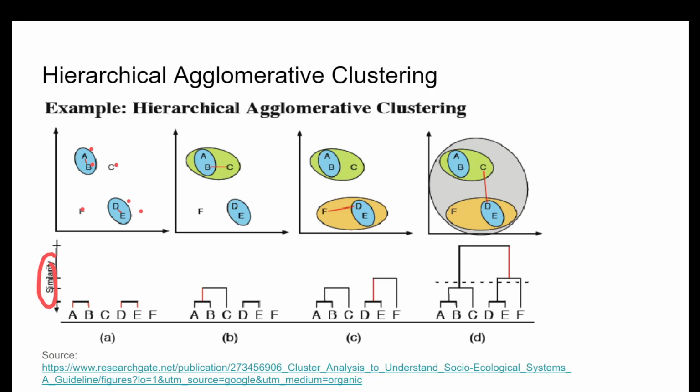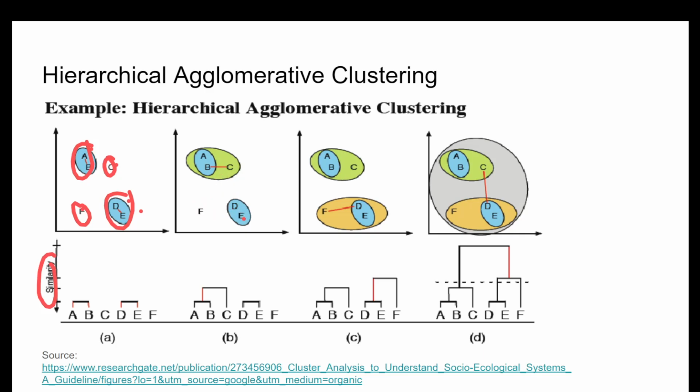And the next one is we already have 1, 2, 3, and 4 clusters. Then what is the next iteration? Then we want to merge these 4 clusters into a smaller number of clusters, right? So we can find that this AB cluster is actually closer to C compared to F or compared to DE.